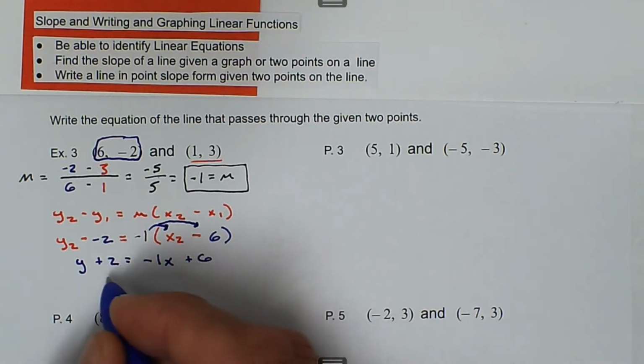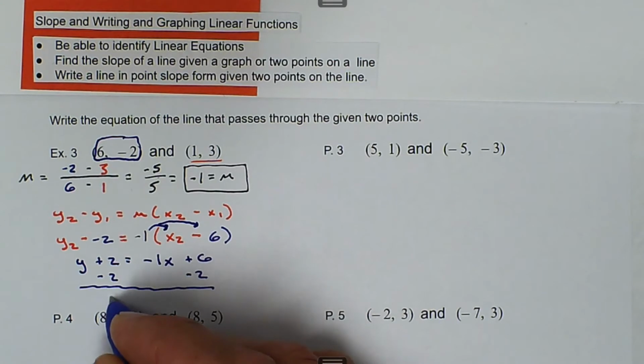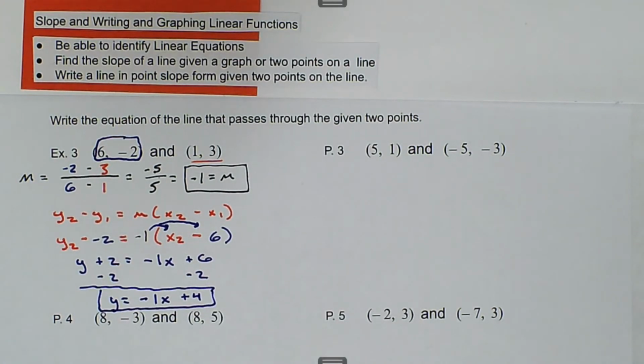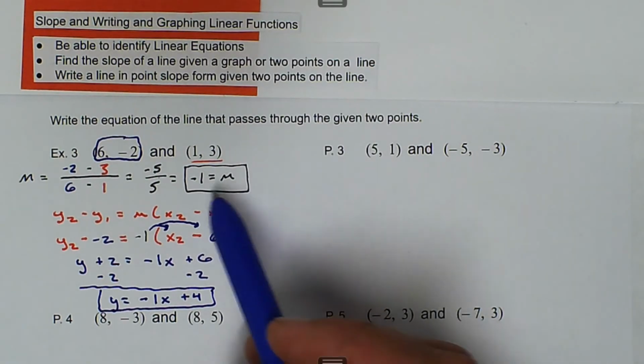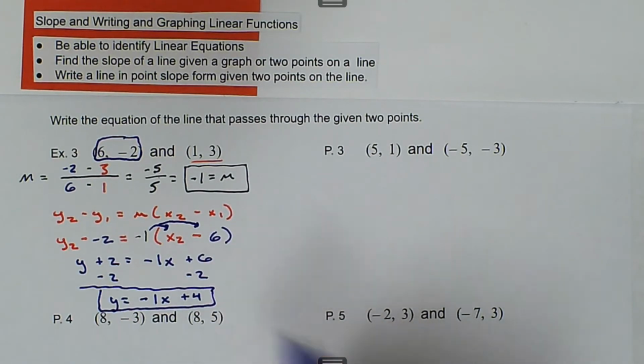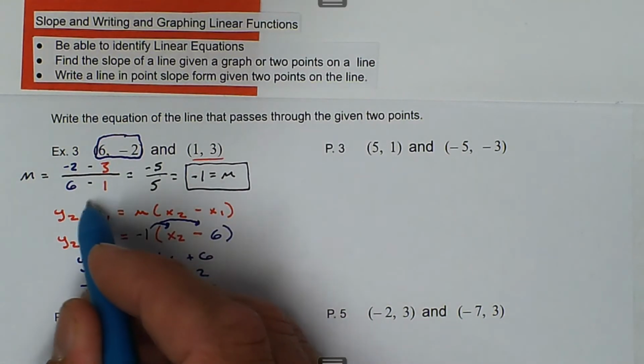Then we subtract 2 from both sides, and we get y equals negative 1x plus 4. So our slope is negative 1, and our y-intercept is 4, and it's in y equals mx plus b form. That is one way we can do it. The trick is that we have to remember this equation, which is the point slope form of the equation.